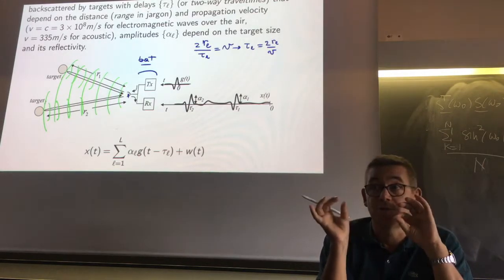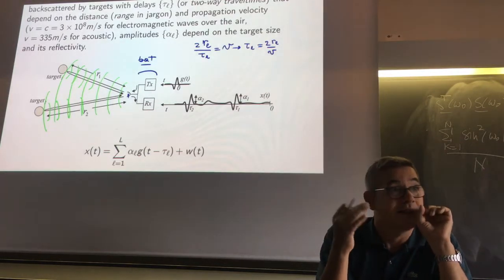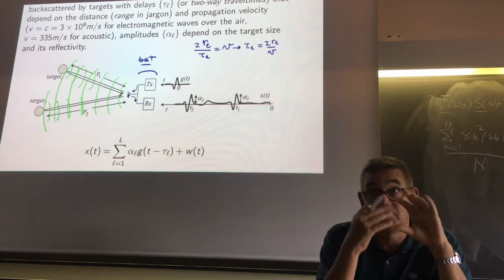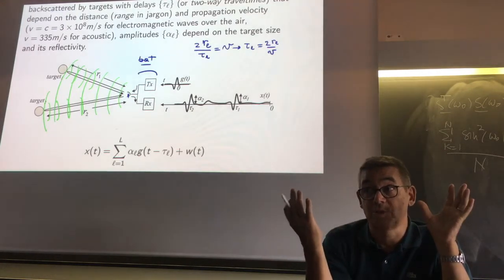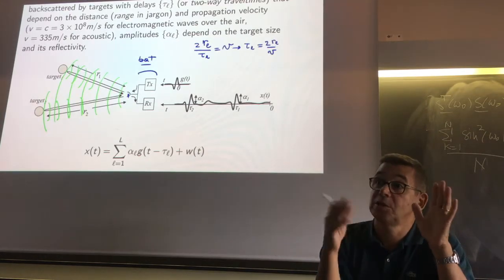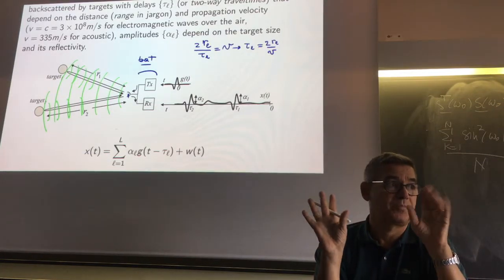The amplitude of the echo depends on some physics, such as the parameter called the backscattering section, which means how much energy is backscattered. This is what you see in radar courses, but for us it is just alpha 1, alpha 2.